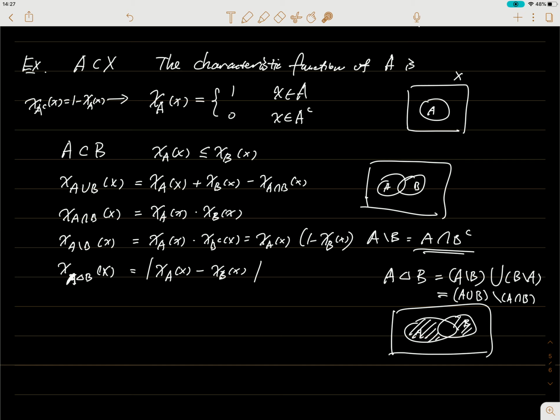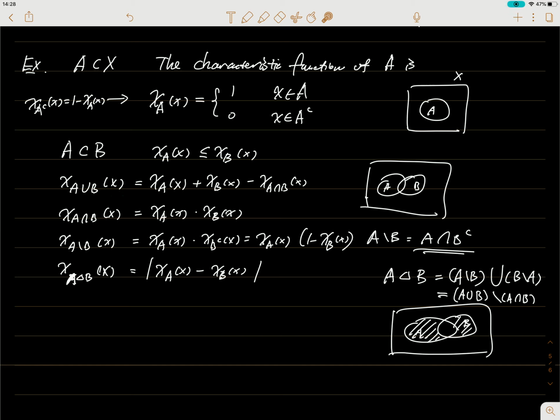Now you can see that the left-hand side is actually equal to the right-hand side, which is chi A plus chi B minus the characteristic function of the intersection of A and B. Why we're doing this here is because, on the left-hand side, if x is in the union of A and B, then the left-hand side is 1.